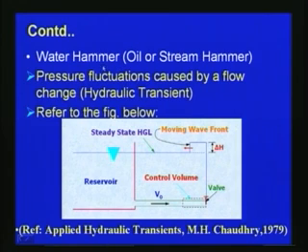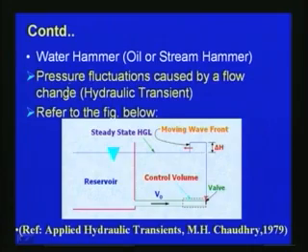With respect to this, we can define a term called water hammer. If we are dealing with water, we call it water hammer, or with respect to oil or steam, we call it oil hammer or steam hammer. Water hammer is the pressure fluctuation caused by a flow change, sometimes called a hydraulic transient.